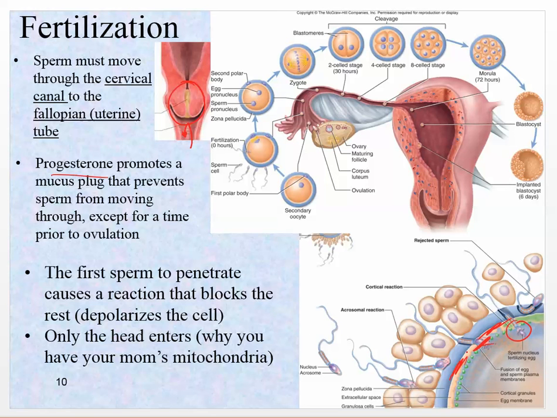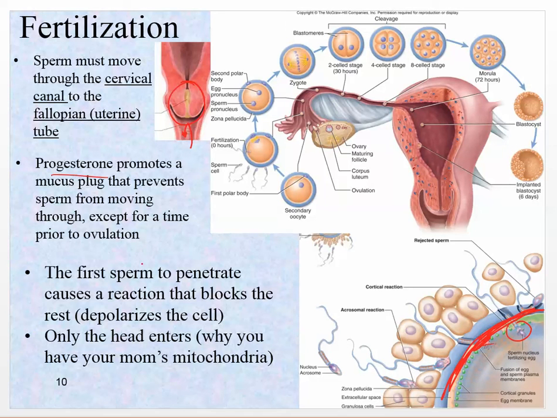There are other molecules that may be involved, but even though there are millions of sperm, and remember they have their acrosome, which is breaking down this membrane, and they are all trying to get onto it or into it, once one makes it through, it immediately depolarizes that cell and says, nope, no more. Or that's the plan anyway.